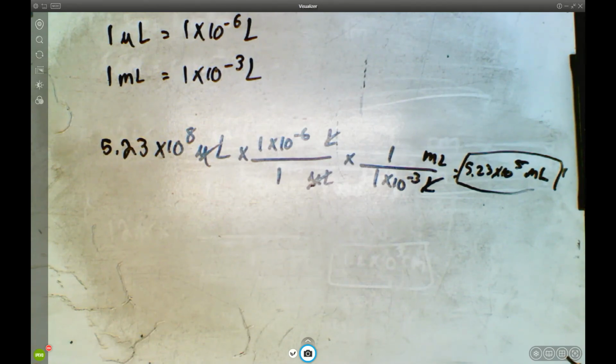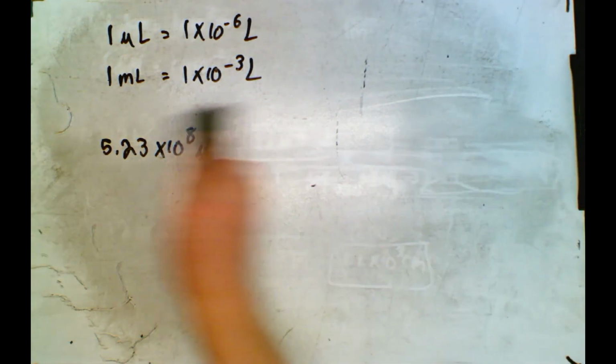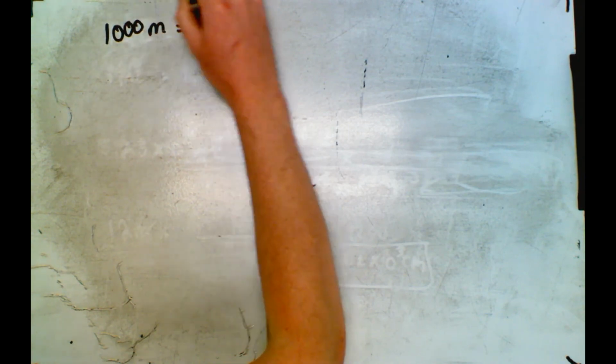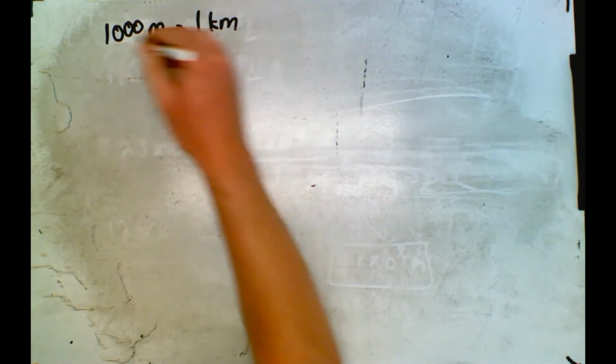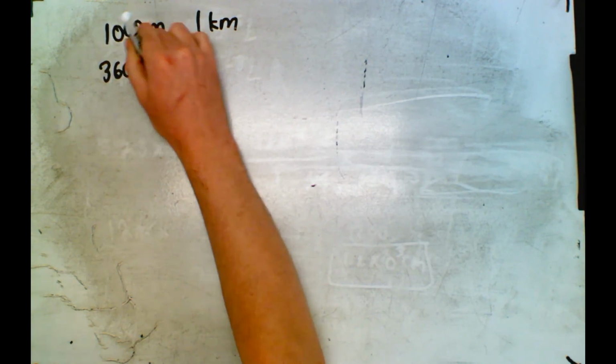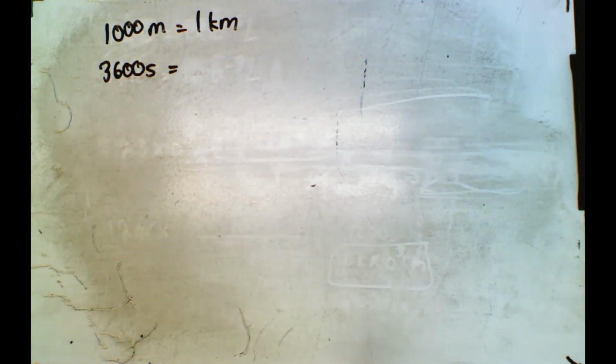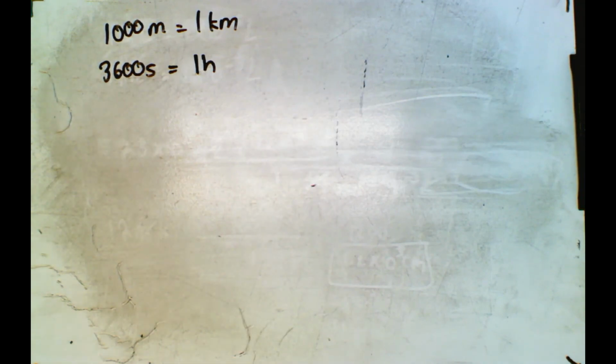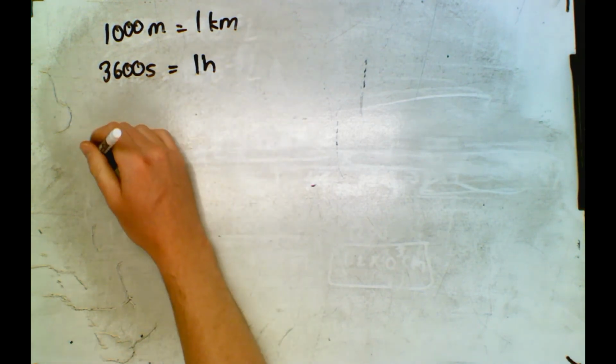This is a conversion factor that you should memorize because we turn kilometers per hour into meters per second so much. What you need to know is that there's 1,000 meters in 1 kilometer, and you also need to know that there's 3,600 seconds in 1 hour. That's something that you should memorize. It just makes it easier because we use it so often. Okay, those are our 2 conversion factors.